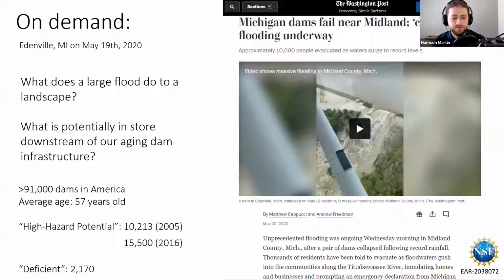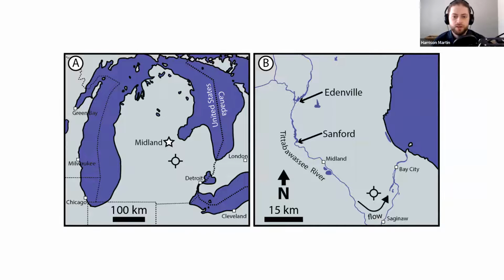The average age is 57. Many of those have a high hazard potential, which means if they were to fail, they would cause a significant amount of infrastructure and human damage. And many of them are ranked as deficient. So it's unfortunately important to understand what the geomorphic effects are going to be downstream of these failures.